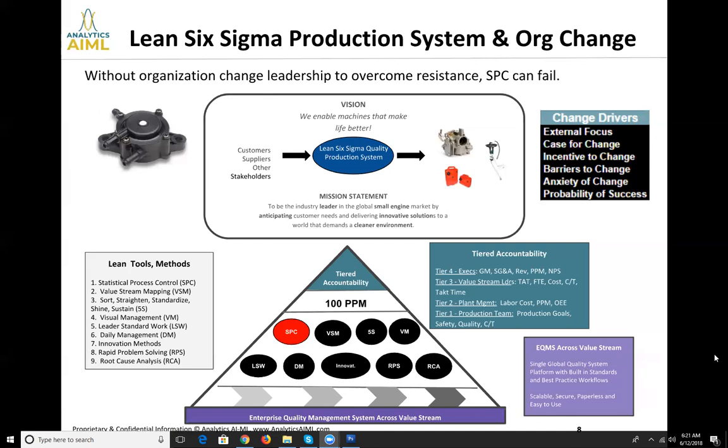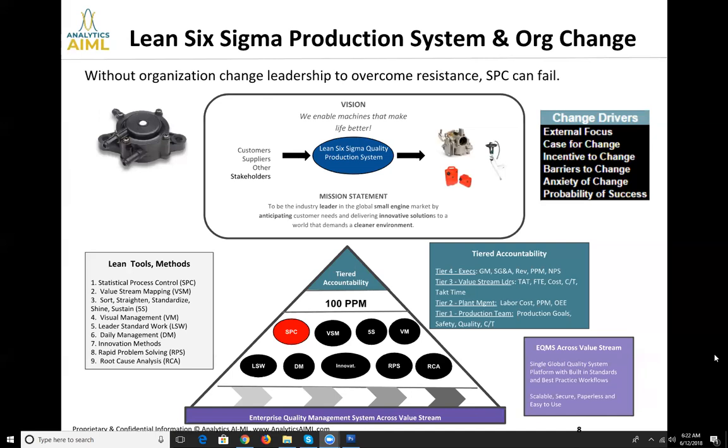Next, a case for change. Once we have an external focus, we put in place a case for change. Why are we doing this? Explain it to people in economic, emotional, operational, and financial terms. Use all those different ways of telling the story. Next, you have to put in place incentives for people to actually make the change. Then we have to remove any current barriers in the way.